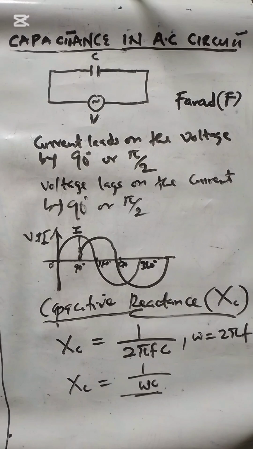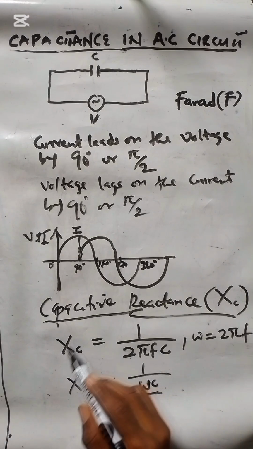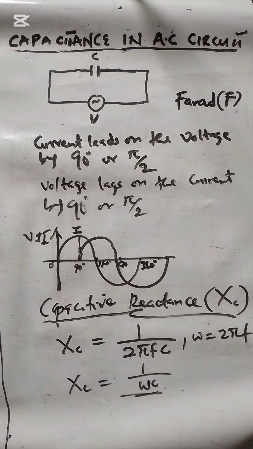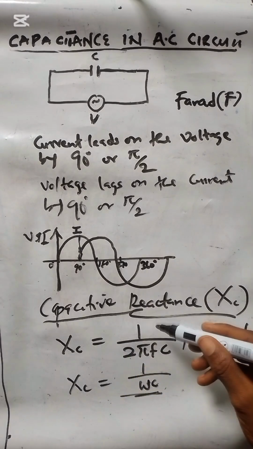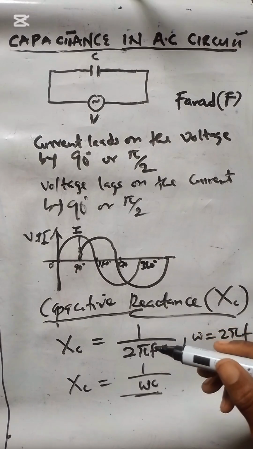You can see from here that the frequency and the capacitive reactance are inversely proportional to each other. So as the frequency is increasing, capacitive reactance decreases.